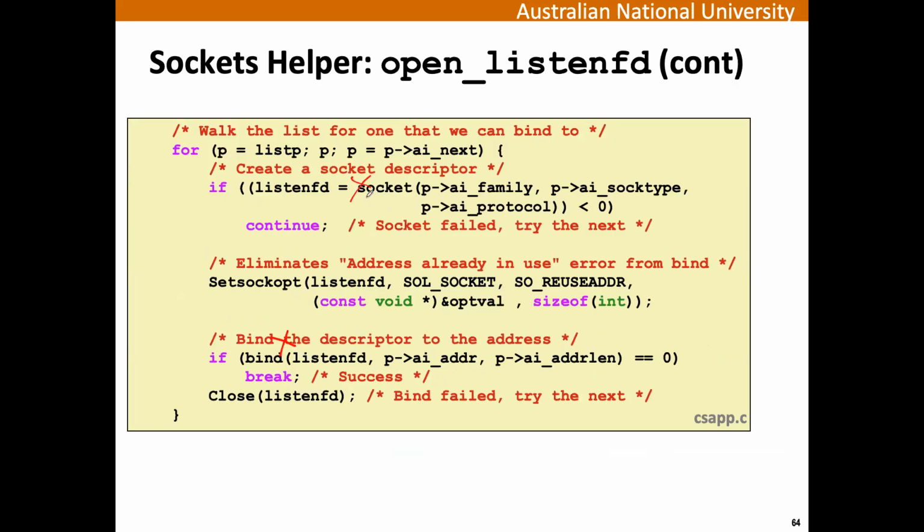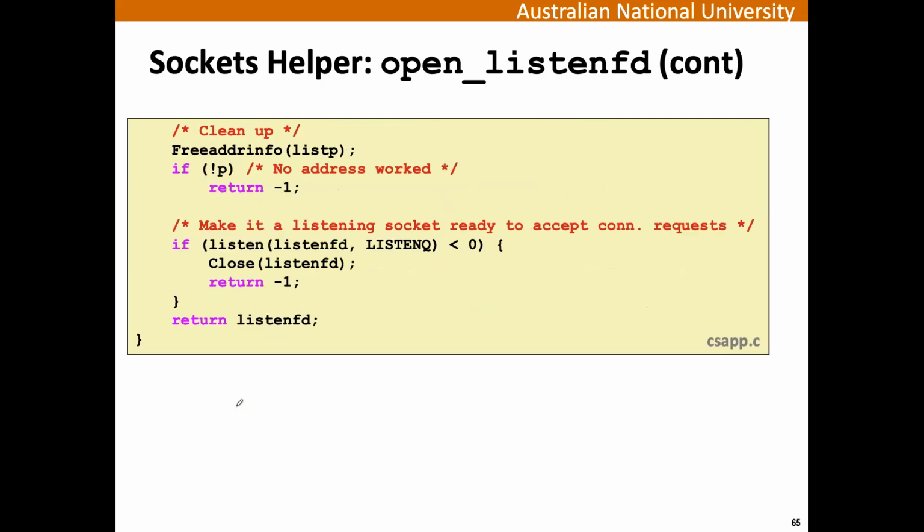So here they get a socket. This is something they do for errors, and they bind it, and then they close it. So listen is called outside of this function. Okay, sorry, listen is called after, and it's on the next slide. So then you call listen.